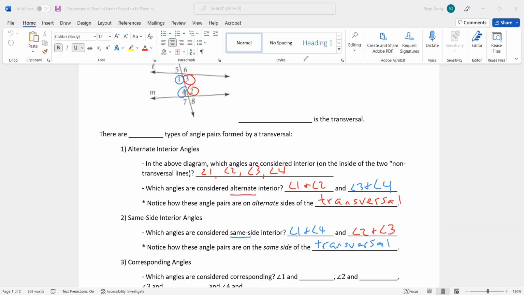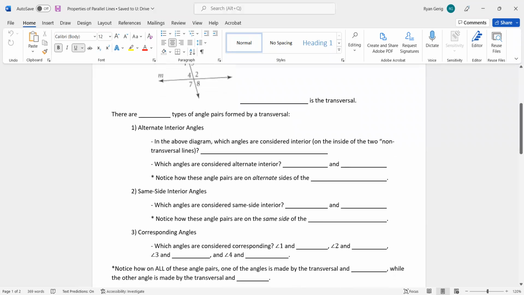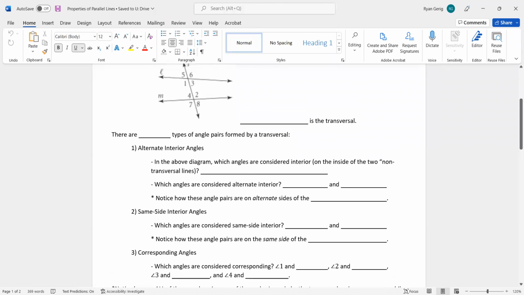All right. Corresponding angles changes things up a little bit. So I'm going to go ahead and erase everything. Actually, I'm going to make this a little bit smaller so I can try and fit it all in one picture. Which angles are considered corresponding? The best way for me to explain corresponding is to think of two intersections. I've got an intersection here and an intersection here.